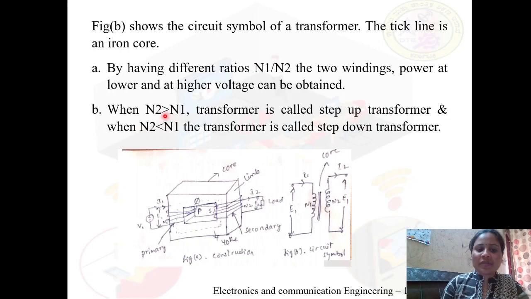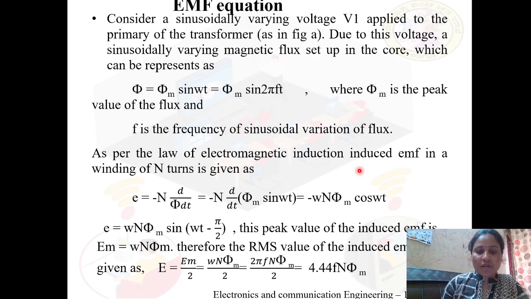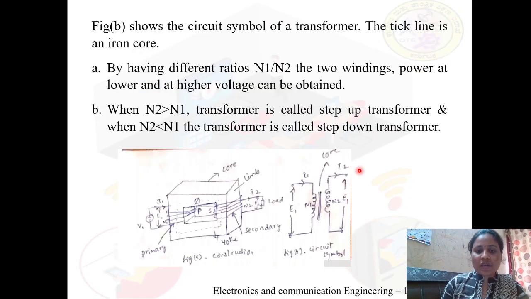When the number of turns at secondary is greater than the number of turns at primary, that is when N2 is greater than N1, we call such transformers step-up transformers, and when N2 is less than N1, that is, the secondary number of turns is less than the number of turns of primary, we call such transformers step-down transformers. We also classify transformers into different types that we will be discussing later.